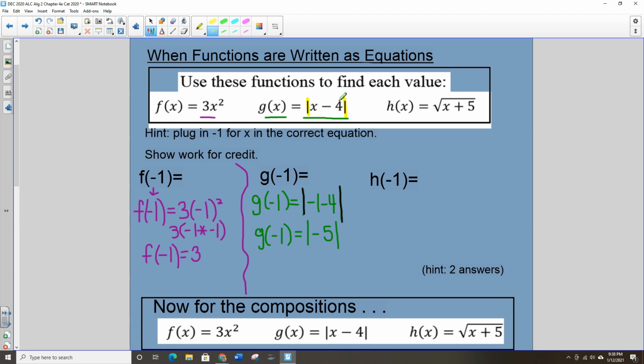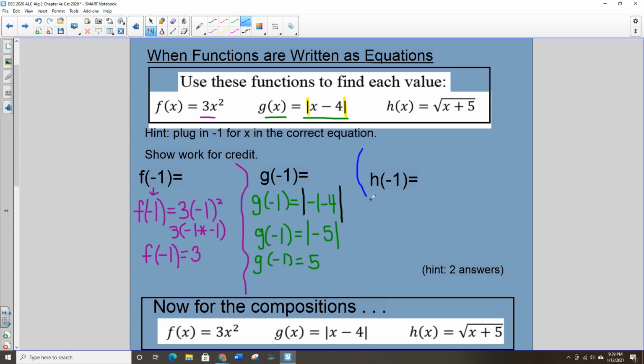It always comes out as just a positive value. So we're asking ourselves, how far is negative 5 from 0? That's what we call the absolute value. So if you do your math right, when I plug negative 1 in to the function g, the absolute value of negative 5 is 5. So the answer to that one is 5.